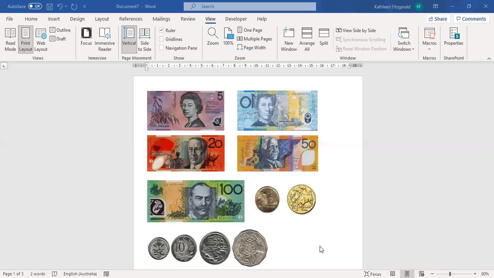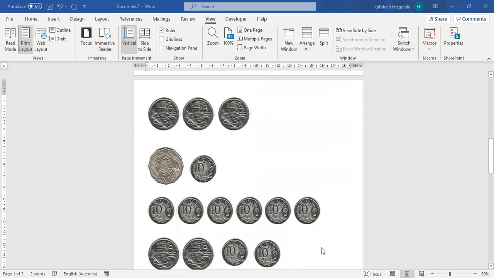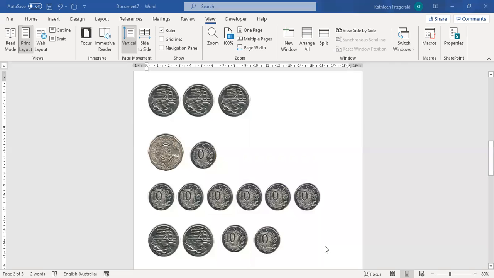Given that combination of notes and coins, that gives us a huge range of ways to make up a particular amount of money. If we take, for example, making up 60 cents, I've just put 4 ways here. There are so many different ways. We've got 3 lots of 20 cents. We could have 50 cents and 10 cents.